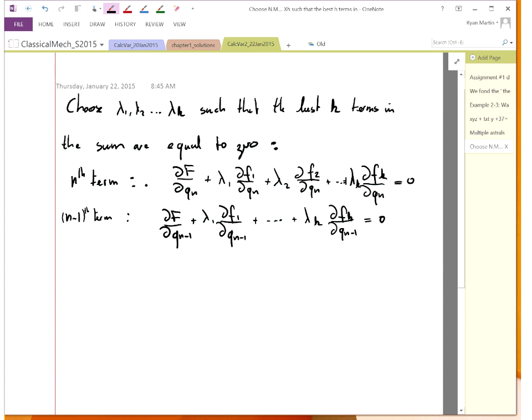Since it's the last k terms, the last term is n, the second last is n minus 1, so the first of the last k terms is the n minus k plus 1 term.